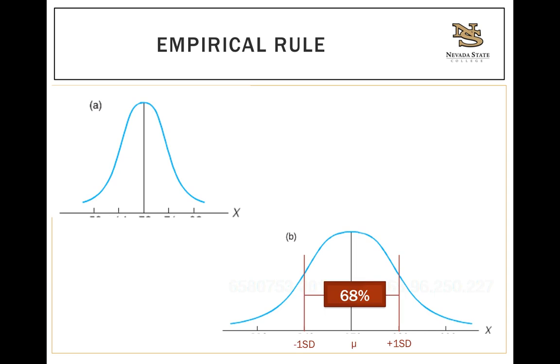Between 1 standard deviation below and 1 standard deviation above, we have 68% of the population on both graphs. So here, that range might be smaller, and here, that range might be bigger. And we're going to use that a lot in inferential statistics. So it's good to remember that the empirical rule exists, and it really is based on standard deviations, which are going to become our friends.